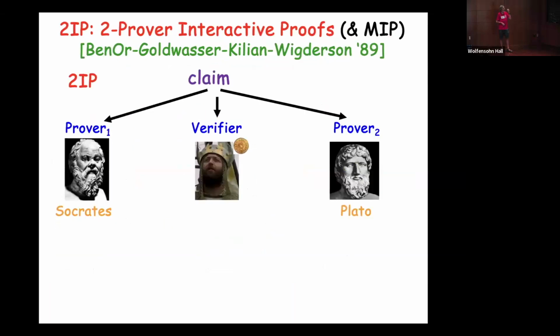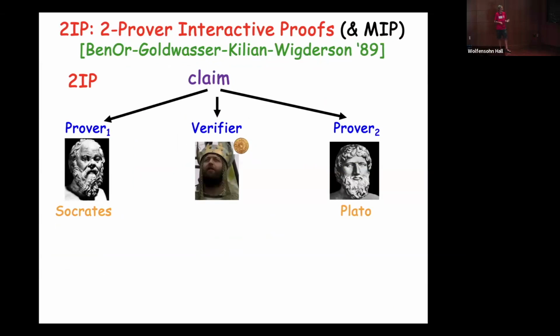So this is a paper a few years later with Ben-Or, Goldwasser, and Kilian, in which we changed the model. How did we change it? We allowed more provers. The more, the merrier. So the new type of proof system, I'll talk about 2IP, namely with two provers, but you can imagine you can have one with 3 or 100 or n. Okay, so two provers now want to convince a verifier of a claim.